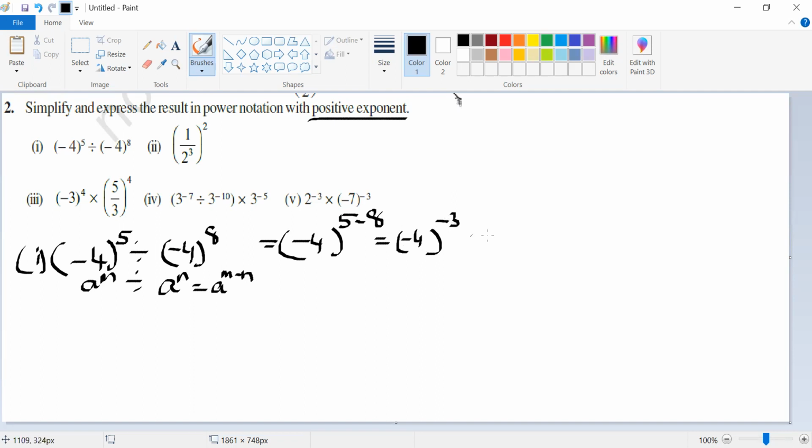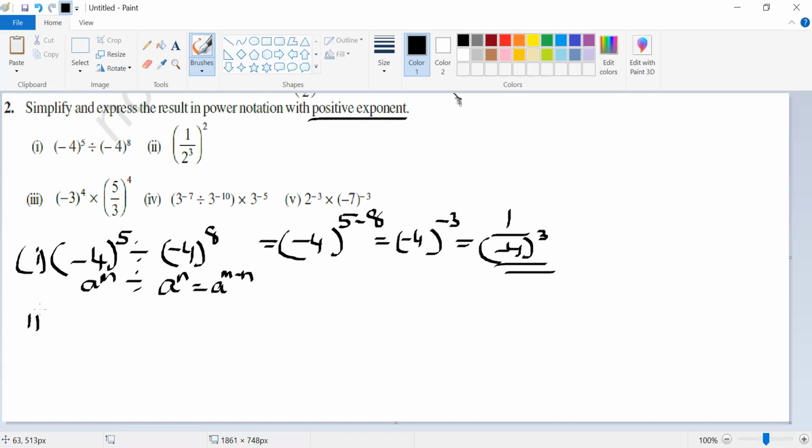So the power has become negative. So we can write it as 1 by minus 4 raised to 3. Here it says simplify and express in power notation, so no need to simplify and find out the answer. This is the final answer in exponential form. So 1 by minus 4 raised to 3.